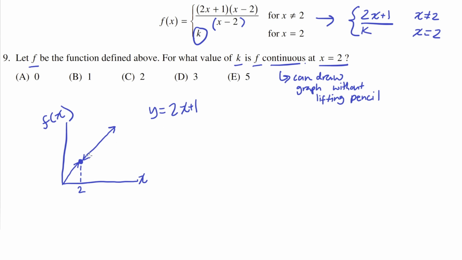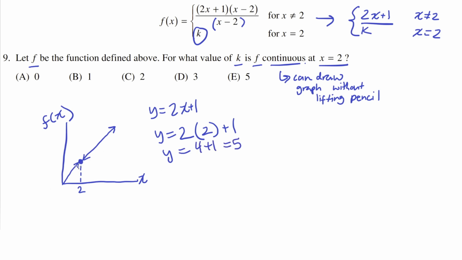So in order for it to be continuous there, we need to know what the value of this function would have been at an x value of 2. So let's find the y value at x equals 2 by plugging in 2 into the linear equation. So 2 times x, which is just 2, plus 1. So y equals 4 plus 1, which equals 5.